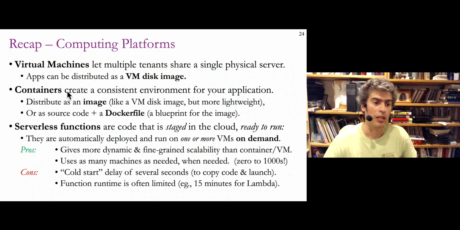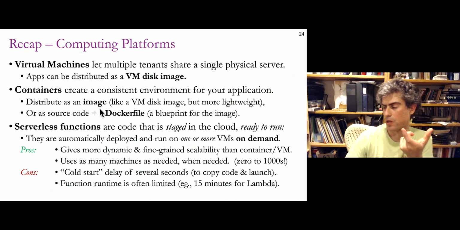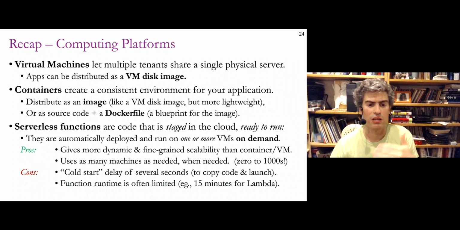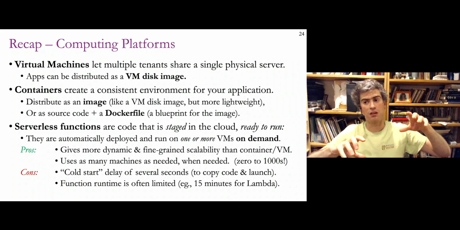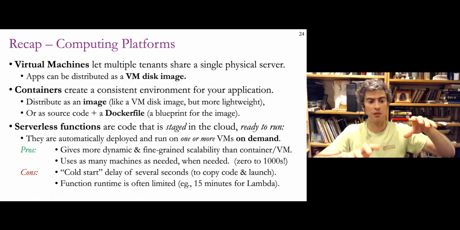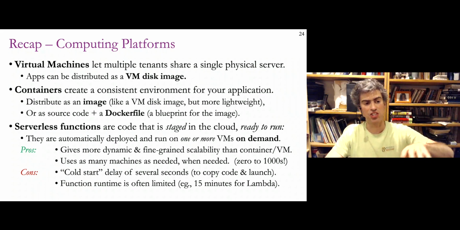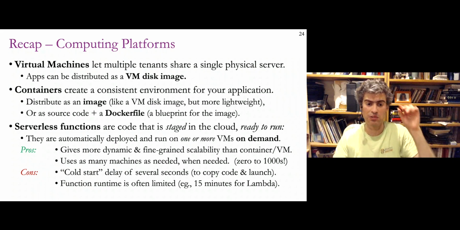Containers are a newer technology for deploying applications and setting up the environment for applications. They're similar to virtual machines. They're based on base images that have a basic Linux installation, but they have this clever way of doing layered changes to the file system, so that you can have customizations, different variations of a basic Linux environment, where a lot of the basic Linux stuff is shared across different containers running on the same machine.